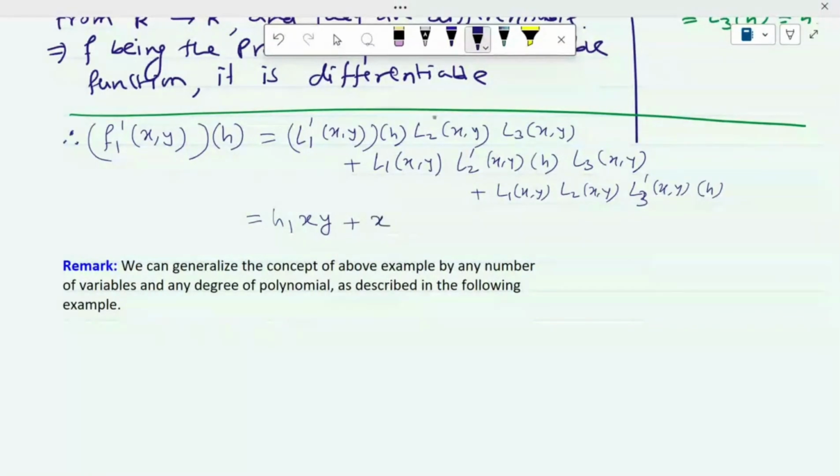Plus here L1(x,y) is x, L2 is again h1, and L3 is y, plus L1 is x, L2 is x, and L3h is h2. So this will give us 2xy h1 plus x squared h2.